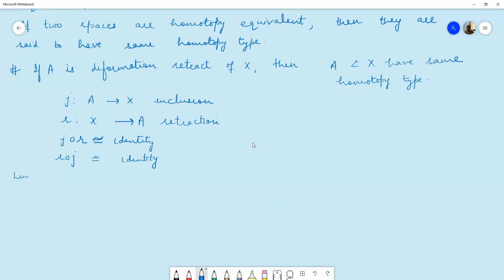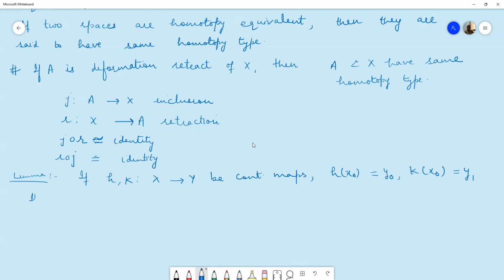So we have firstly this lemma. If h and k are two continuous mappings from X to Y, and let us take point x naught goes to y naught under the mapping h, and the point x naught goes to point y1 under mapping k, means it does not remain fixed.